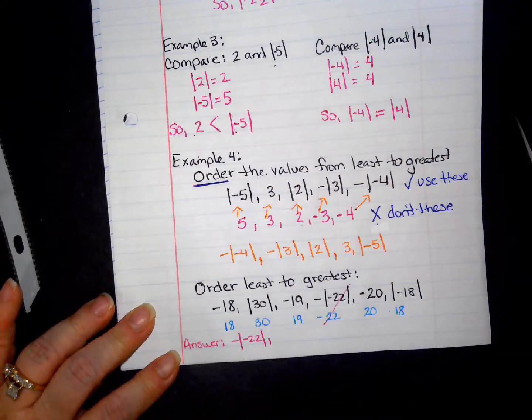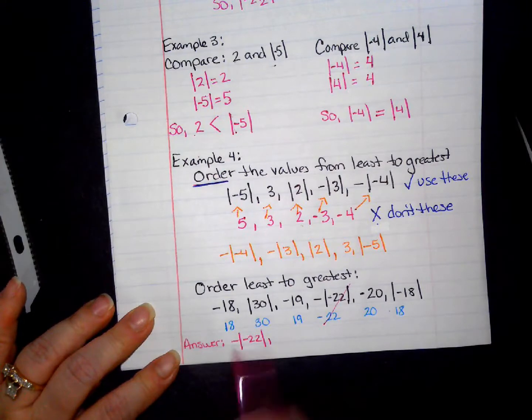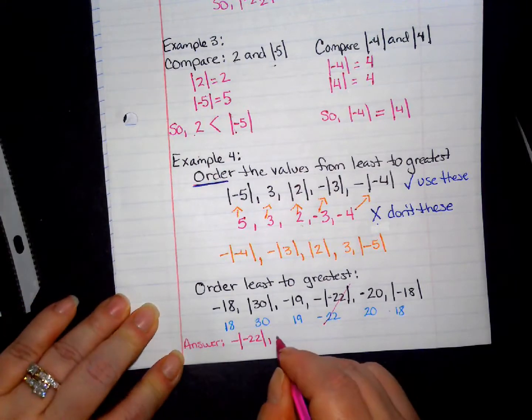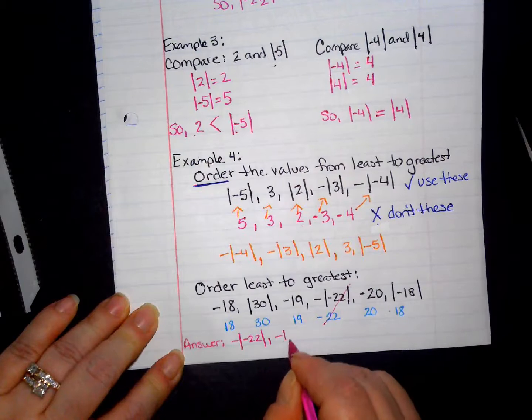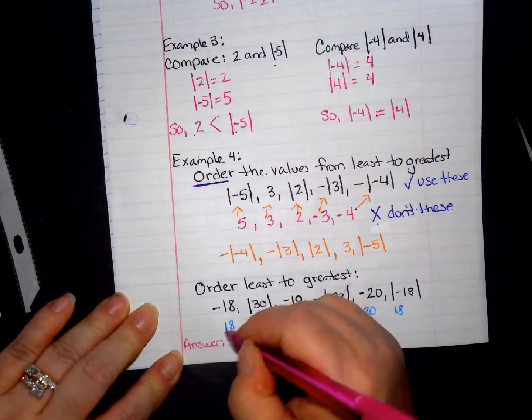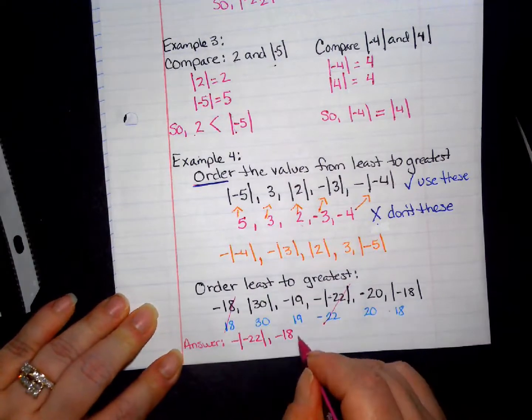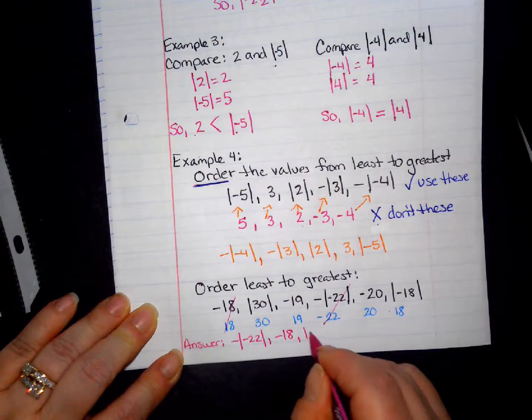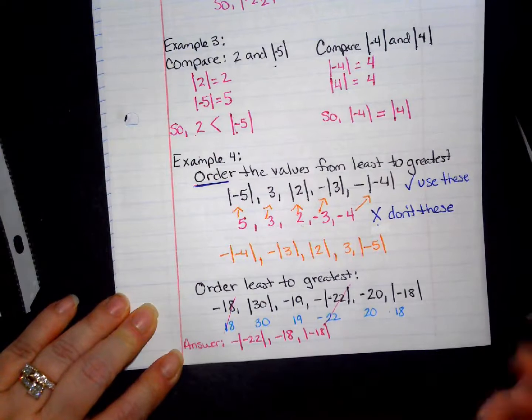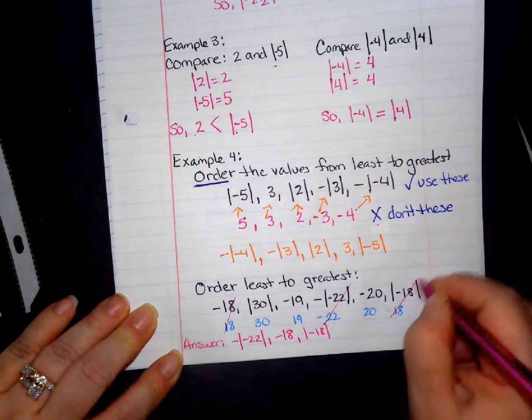Let's see. Well, I can do -18. And if I look down here, this one is also right there, so it would also be the absolute value of -18. Nice light line. Don't cross it all through so that you can't go back and fix your work.